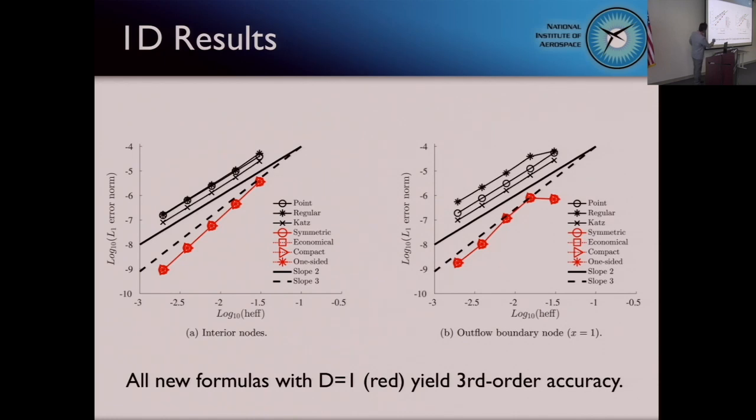This is the error in the interior nodes, and this is the outflow boundary node. With the point formula, or regular formula, or Katz formula, you cannot achieve true accuracy. But with this accuracy-preserving formula, all these formulas give true accuracy, at the interior nodes and also at the boundary node. So all new formulas with d equals 1 give true accuracy.